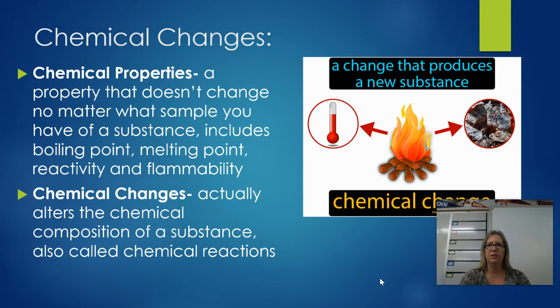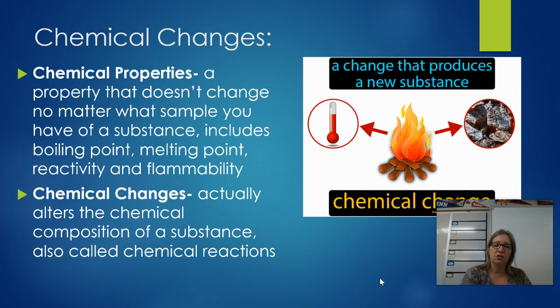So if I have a sample of aluminum, it's always going to melt at the same temperature. If I have a sample of water, it's always going to boil at the same temperature, given certain other characteristics, okay? So those properties can be used to help identify a substance, okay?